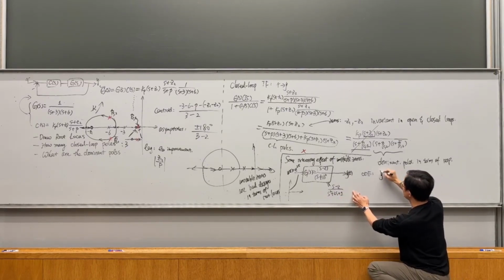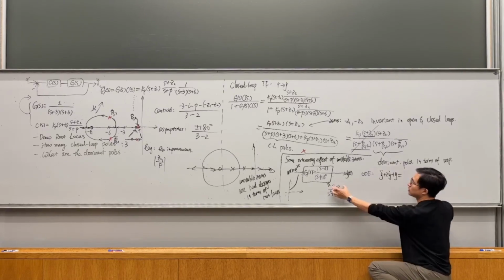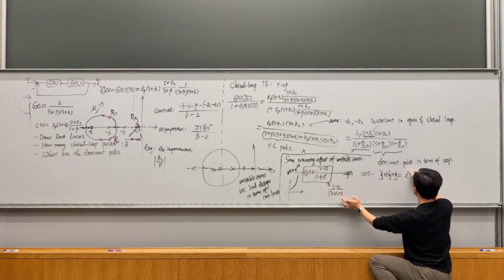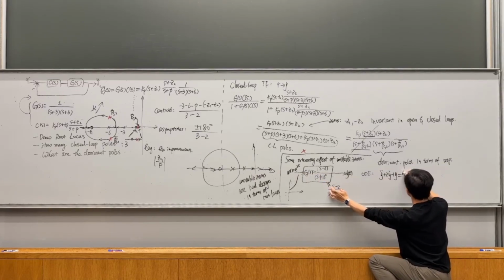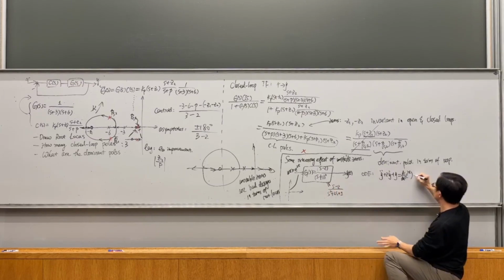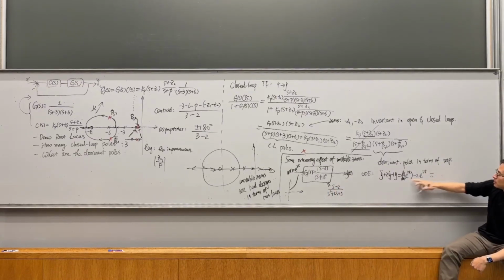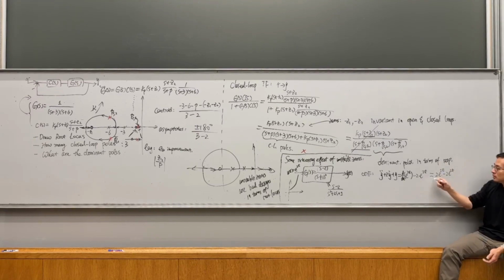It's y double dot plus 2y dot plus y equal to the input going through the numerator, and it's d/dt of e^{2t}, minus 2 times e^{2t}. And de^{2t} is 2e^{2t} minus 2e^{2t}, and it equals 0, right? So this is the ODE.